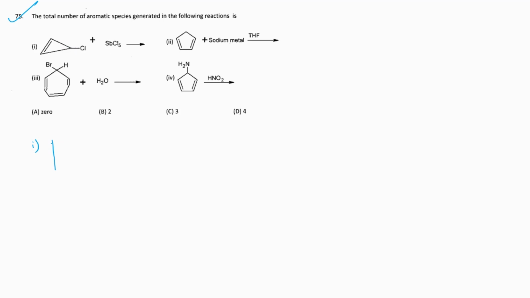So for the first one, chlorine is over here and I'm adding SbCl5. SbCl5 will just take chloride with it to convert itself to SbCl6 minus, giving a plus sign over here.